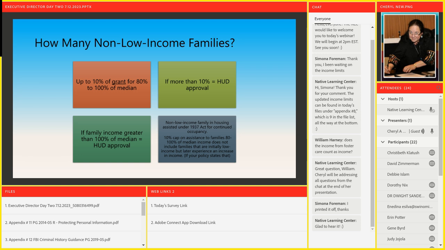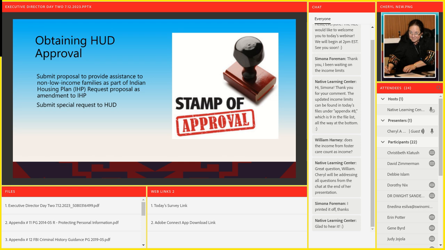That 10% cap on assistance to families between 80 and 100% does not apply if they were eligible when they applied for your program and then experienced an increase in income. But you have to put it in your policy, so look at your admissions and occupancy policy and make sure that's addressed.